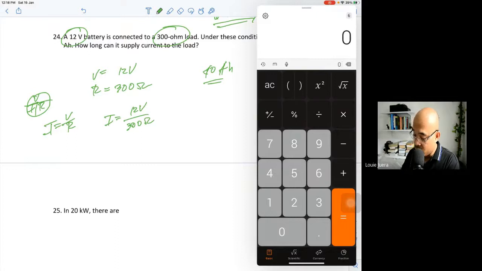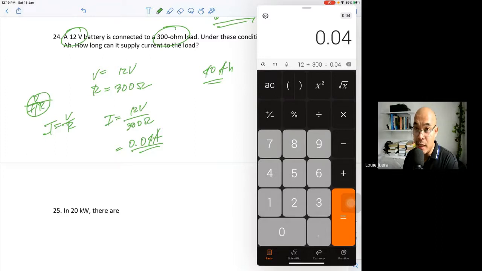The voltage is 12, then divided by the 300. So that is equal to 0.04 amperes. So it means that this particular device here is consuming 0.04 amperes.